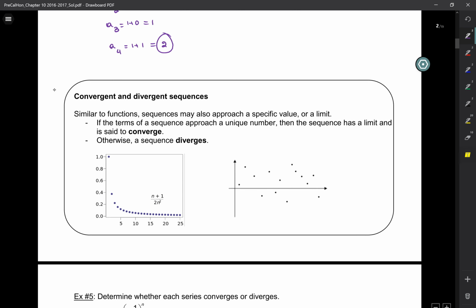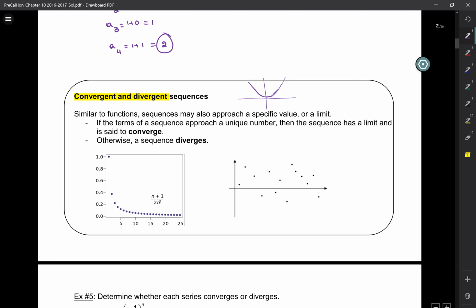So let's talk about convergent and divergent sequences. Basically what this is, to think about this, it's easy if you think about end behavior, right? So we basically have two different types of functions, right? Take a look at this function.